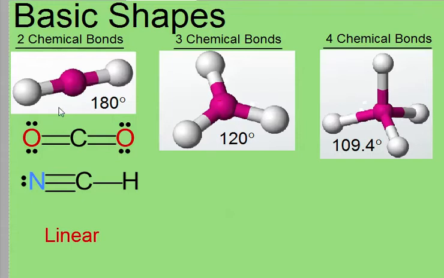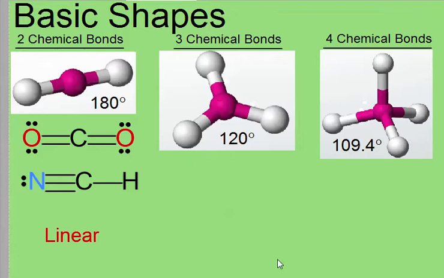So one bond getting as far away from our second bond to create that 180 degrees angle, and we say the molecule is linear. Or a triple bond getting as far away from the single bond as possible while still in orbit in the valence shell of the carbon. They stretch out to opposite sides, creating that 180 degrees angle, and again this linear shape.